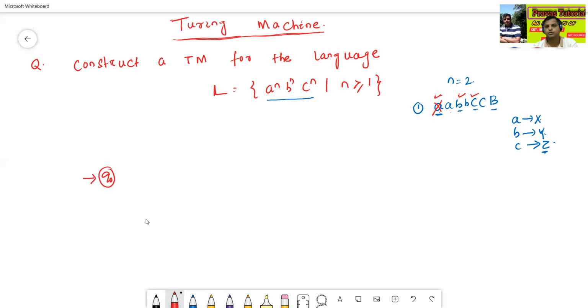So it reads A, writes X, and moves towards right.